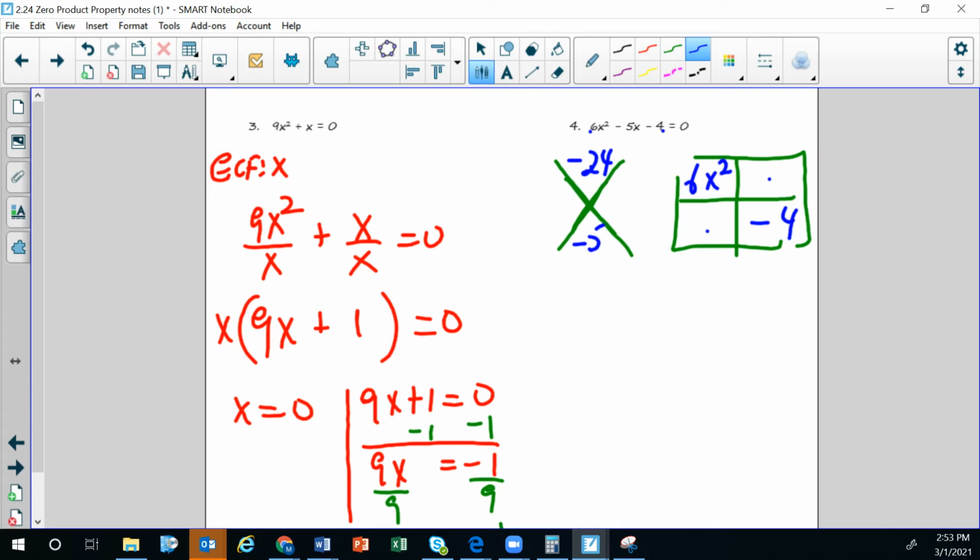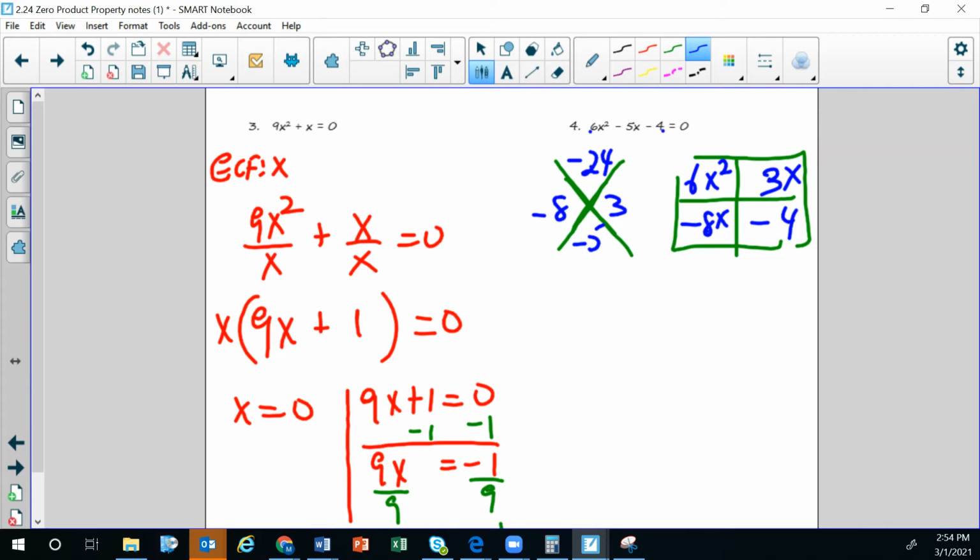So what two numbers, when I add them, give me -5, but when I multiply them, give me -24? Those two numbers are -8 and +3. So that's going to give me a -8x and a +3x.